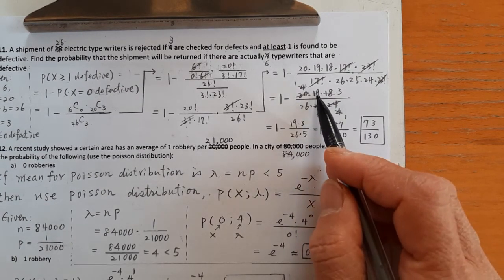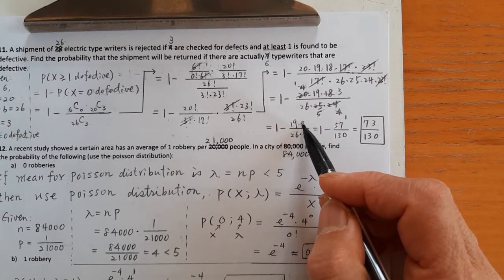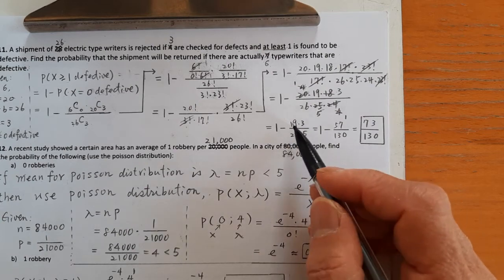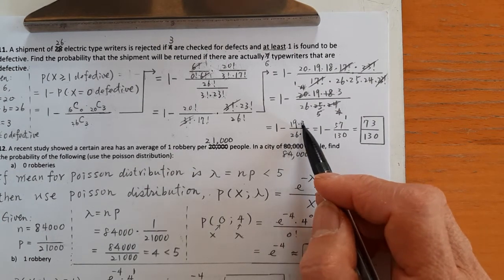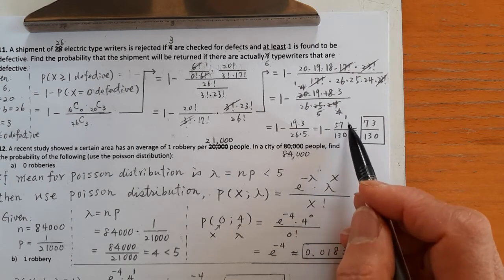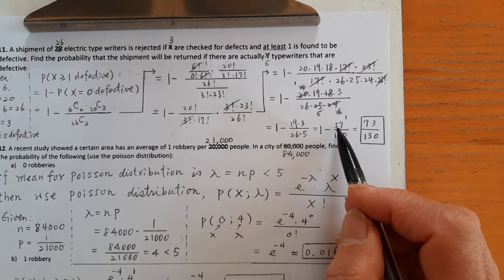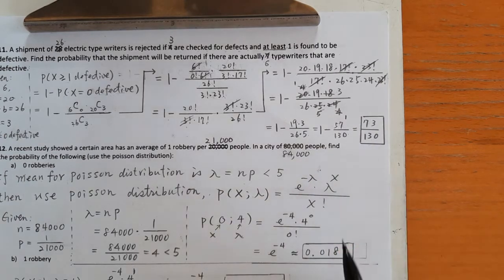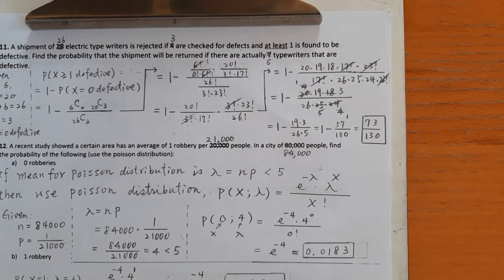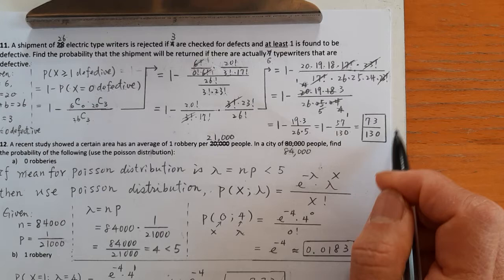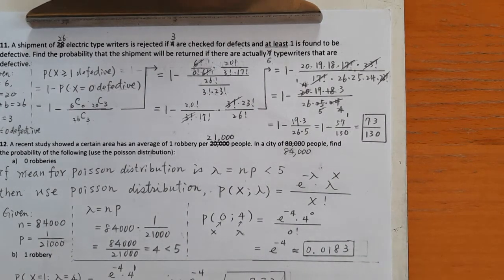So remain 19 times 3 and 26 times 5. So 1 minus, 19 times 3 is 57, 26 times 5 is 130. 1 minus it, so 130 minus 57, and you got 73 over 130. That's the probability of typewriters, return the shipment.